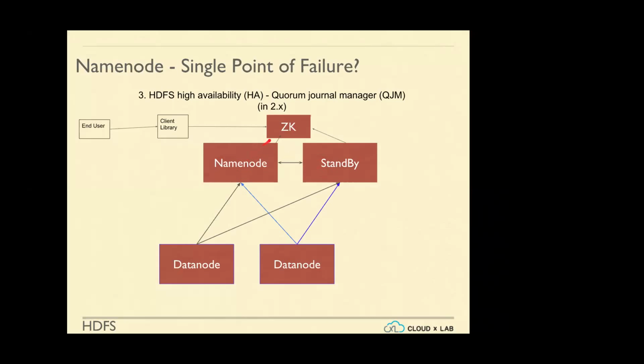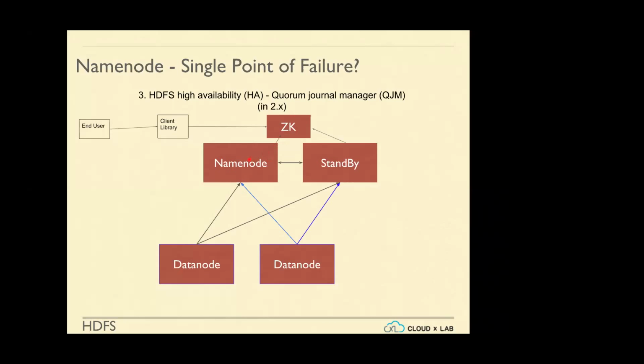The logic is go to ZooKeeper, check if there is any active or not. If there is no active name node available, that means that ephemeral node has disappeared and the server is dead. In case there is no name node, then write your name there as ephemeral name node, and then it will start accepting the changes.